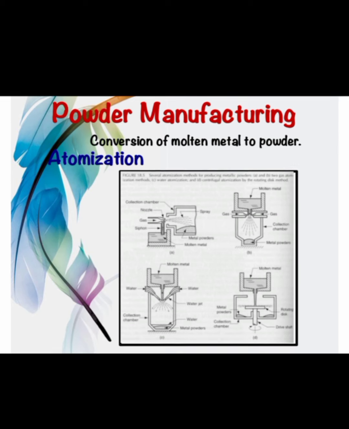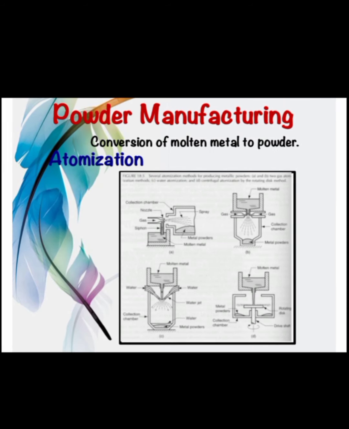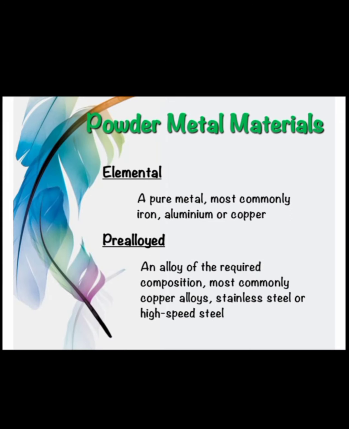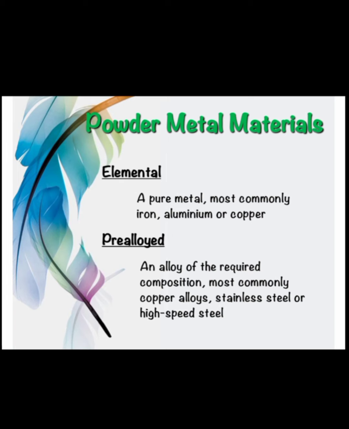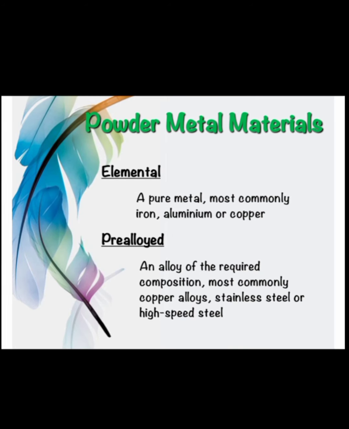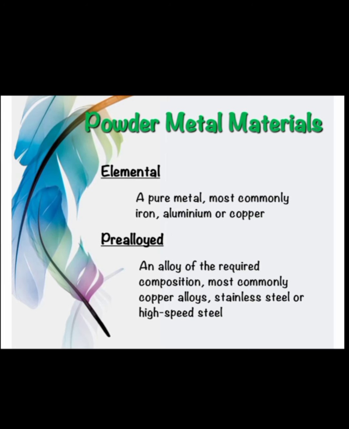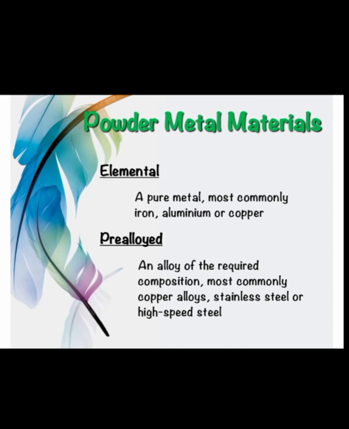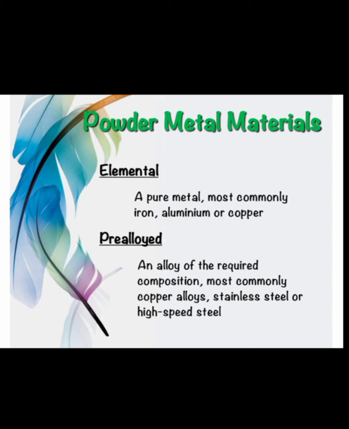To convert the molten metal to powder, the first step we can apply is atomization. Elemental or pre-alloyed metal material can be used for powder manufacturing. Elemental means a pure metal, most commonly iron, aluminum or copper.